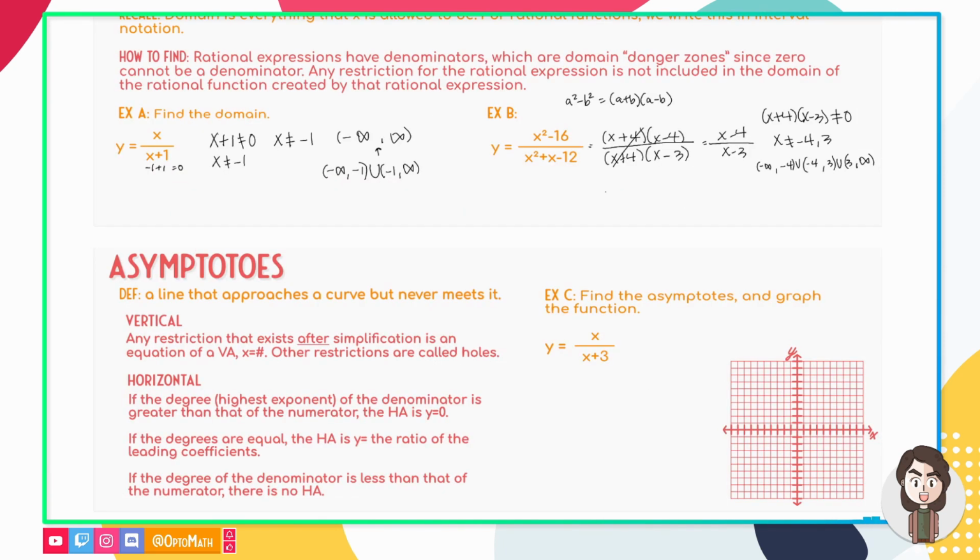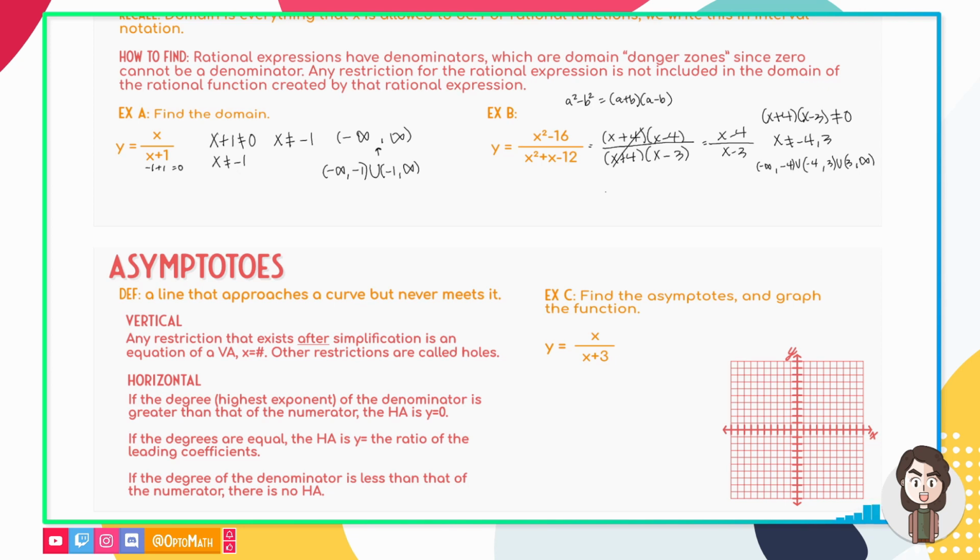Next, let's talk about asymptotes. Yes, it's a funny word. It's kind of crazy looking even when you spell it. Again, that's asymptote. So the definition is a line that approaches a curve but never meets it. So you get really, really close to the curve.